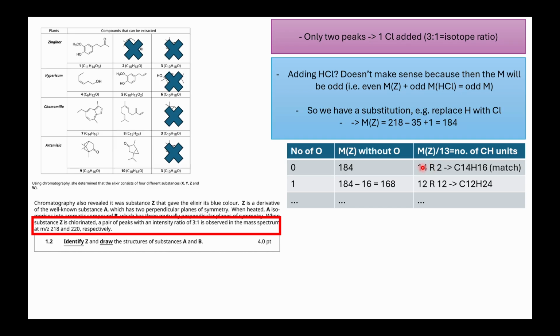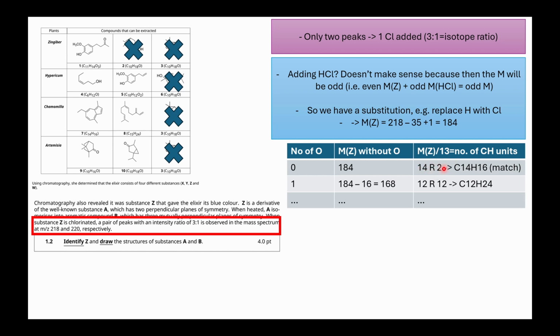Of course, most of the time you don't get a whole number, because the molecule is not made up purely of CH units. Each CH unit has a mass of 13, so if you divide the entire mass by 13, you get how many CH units there are.